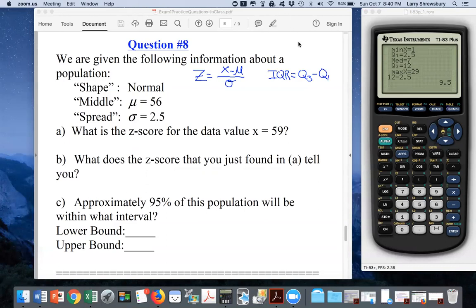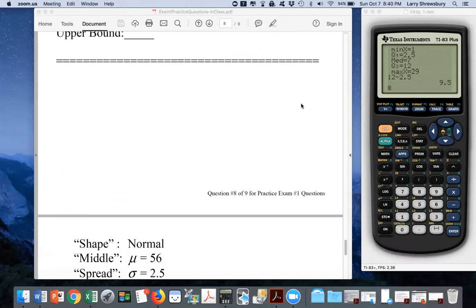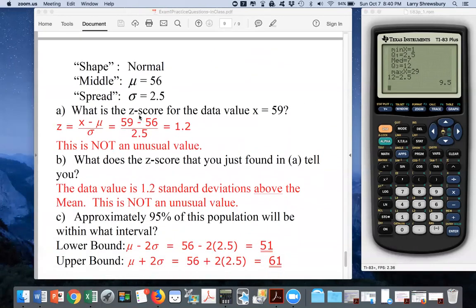I'm going to go ahead and clear this. And let's have you check your work here. So if you did your calculations, be sure you got your parentheses around your 59 minus 56, that you came out with a z-score of a positive 1.2.